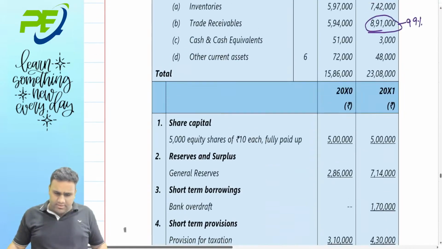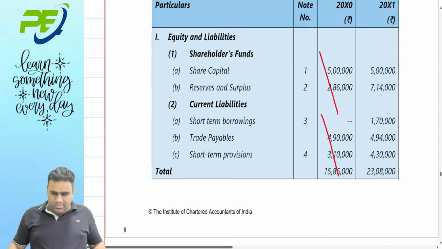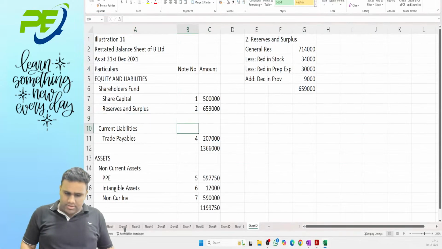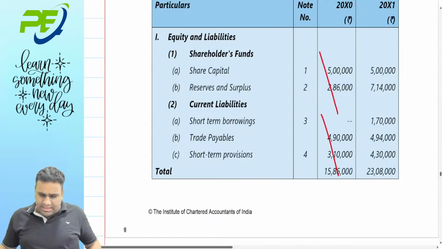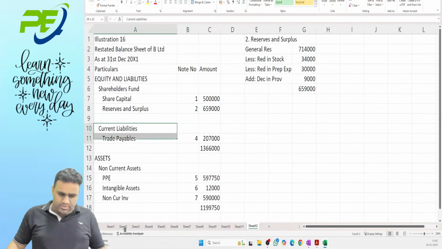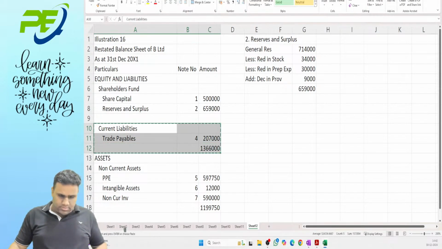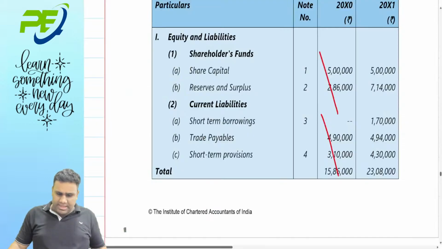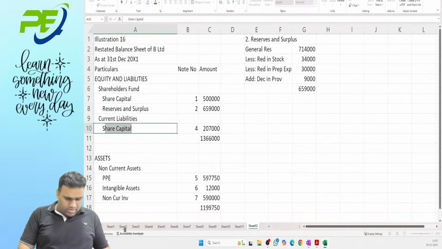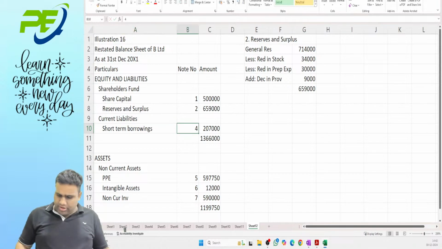Minority interest they have given; you can ignore. Then current liabilities. Any changes in any of the three? Everyone, all the three, cut, copy, paste. So current liability, short-term borrowings, note number 3, 1,70,000.